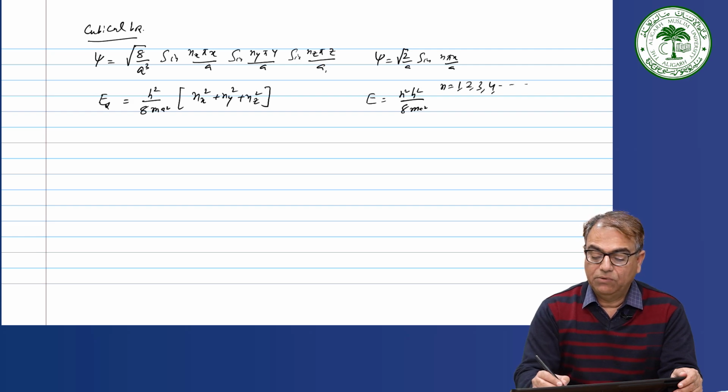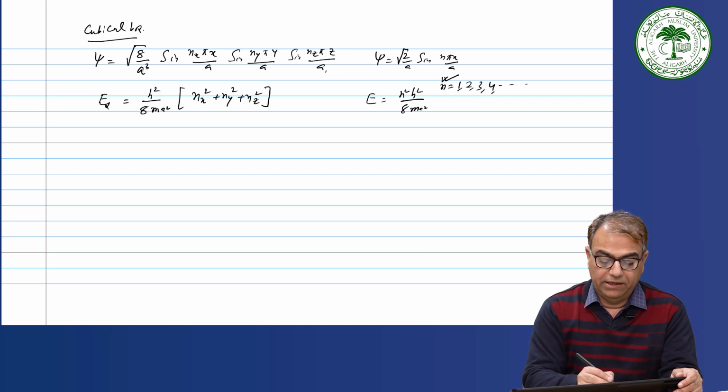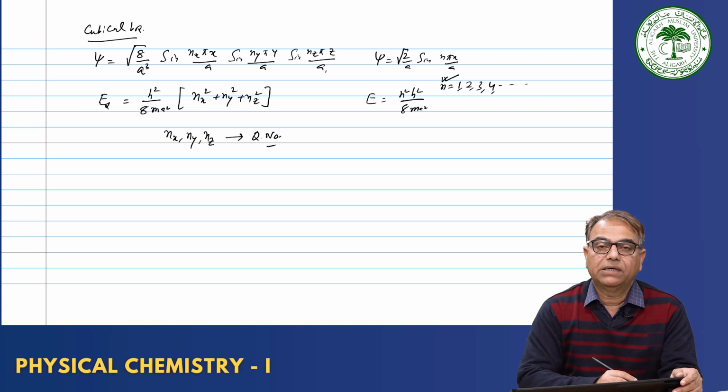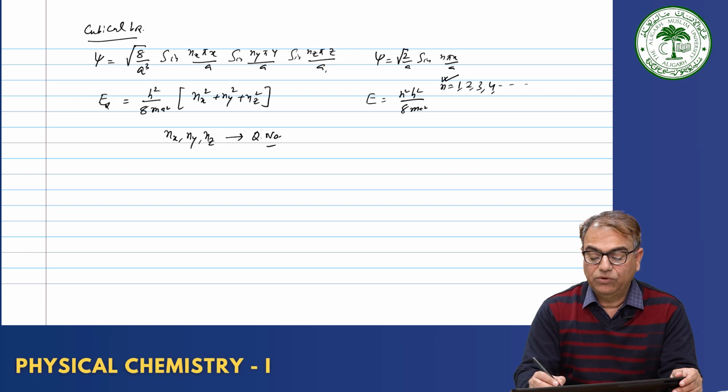So for a one-dimensional box you get only one n, for a three-dimensional box you get 3 n. nx, ny and nz are quantum numbers for particle in a three-dimensional box, whose value is equal to either 1 or 2 or 3 or 4 and so on.